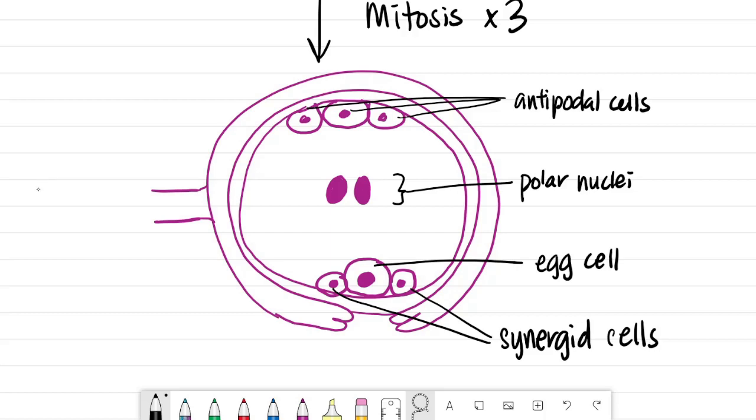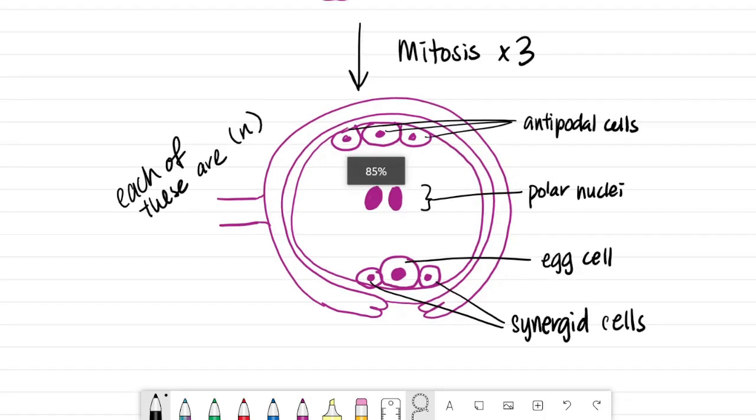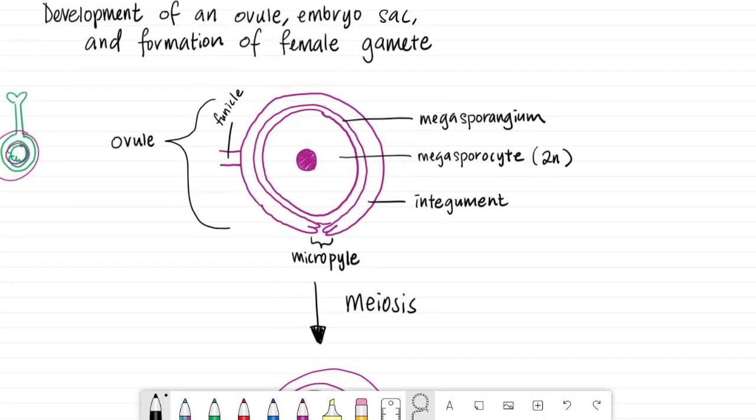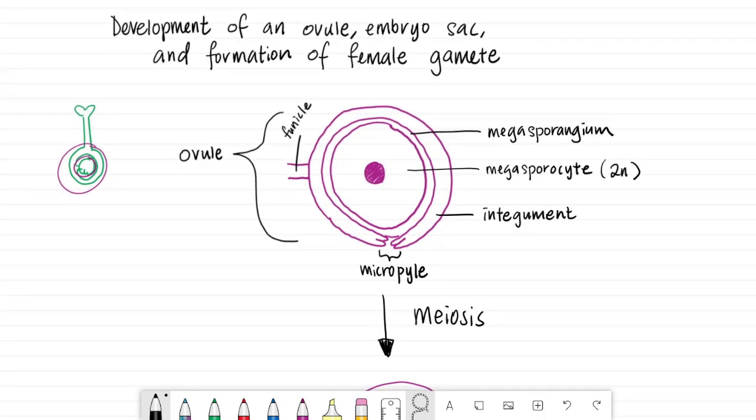Now each of these are haploid. So that's it. That's all you will need to do for the female part. So it's a lot simpler as long as you can remember the names.